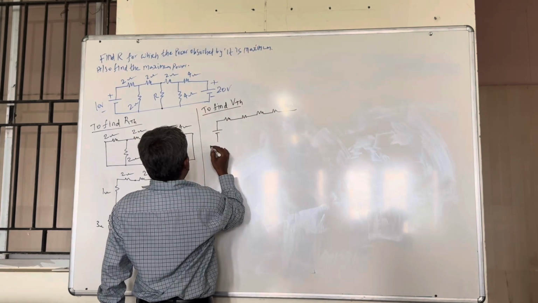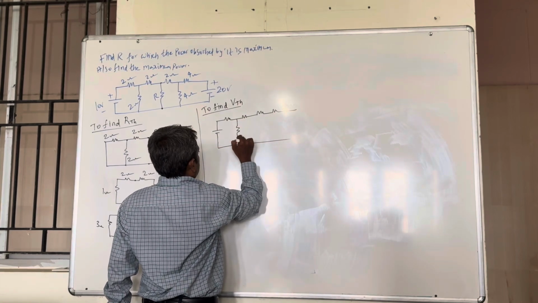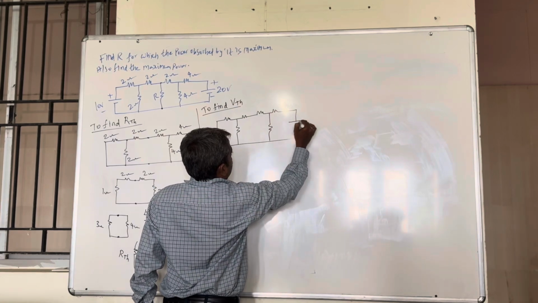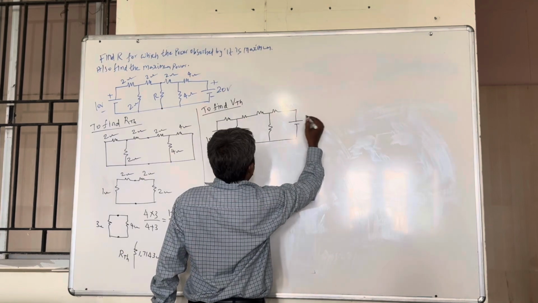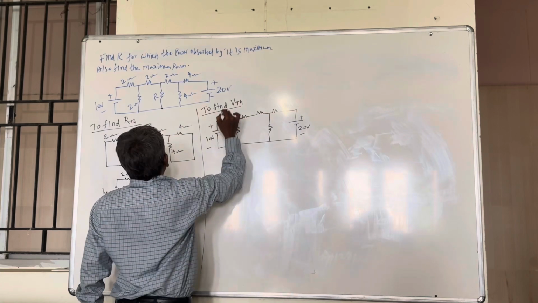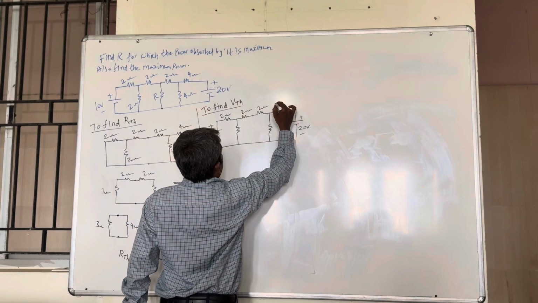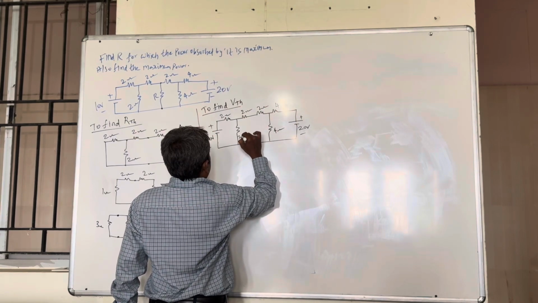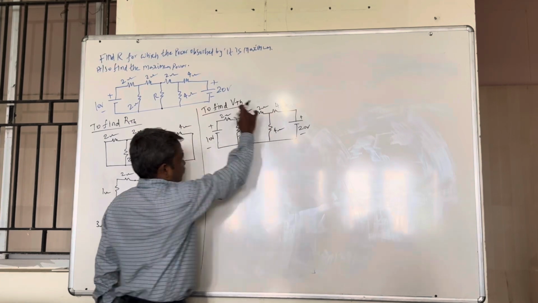just remove the load resistance and find the voltage across the load point. 10 volt, 20 volt. 2 ohm, 2 ohm, 2 ohm. See, you have to measure the voltage across these 2 points.